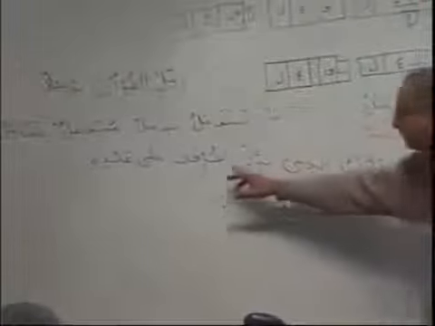Liyakuna. What is this liyakuna? It means that Furqan becomes what? Lil alamina. What is lil alamina? Jar wa majrur. Brother, what is alamina, brother Abdul Samad? Jam' mudhakkar salim. Alamun, alamuna, alamina. What is the singular?